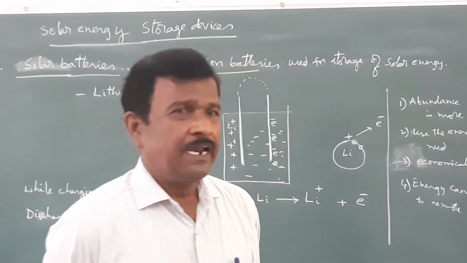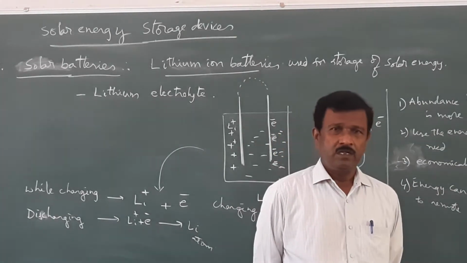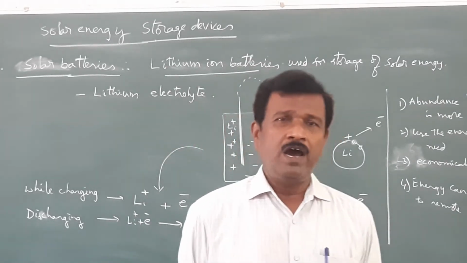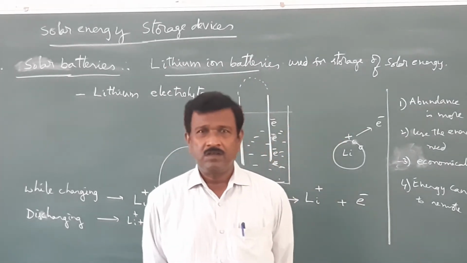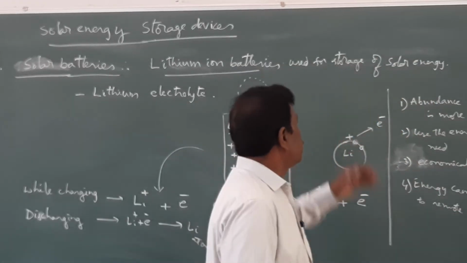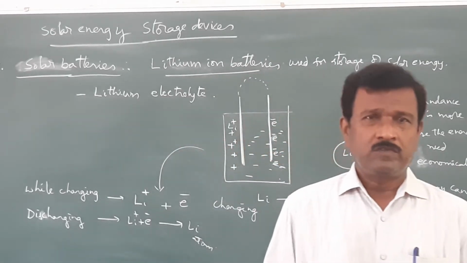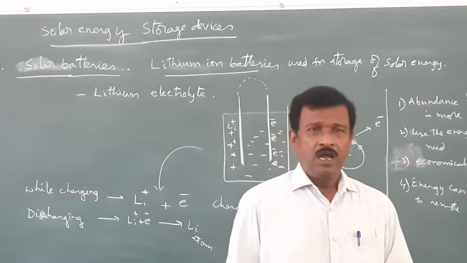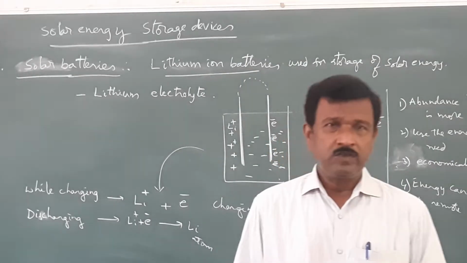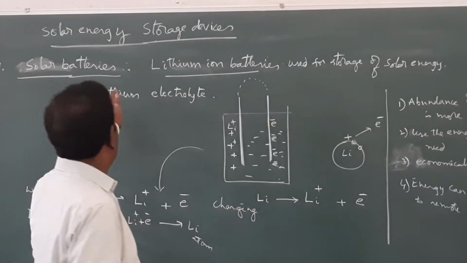We can light electrical bulbs, LED bulbs, by using the solar batteries, and this can be utilized for running of fans and so on. We use these lithium-ion batteries in cars, cellular mobile phones, and for domestic purposes, lighting purposes, and so on. So this is the storage of solar battery.